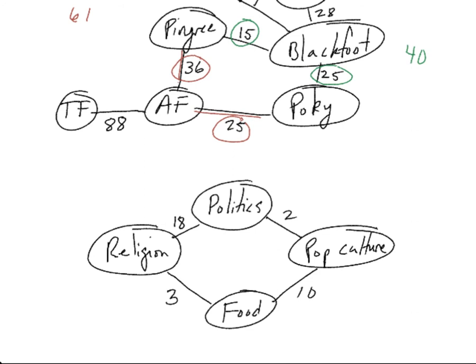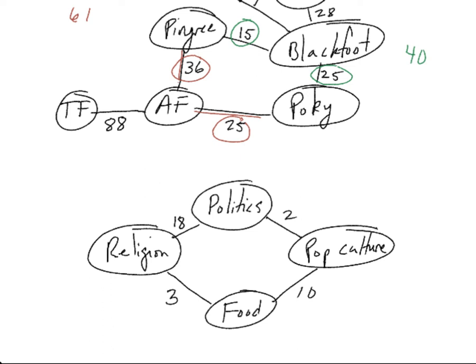These might be tweets. You might want to analyze tweets and understand what people are talking about on tweets and how the topics relate. So if I have a tweet that mentions politics, does the tweet also mention religion? And maybe 18 of my tweets do.